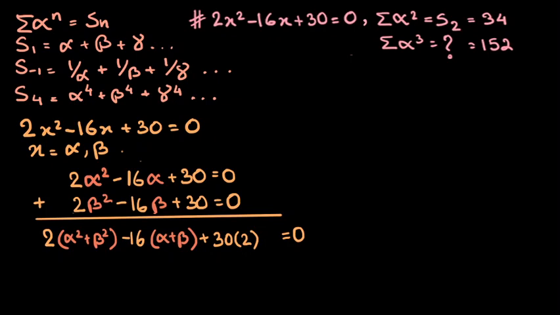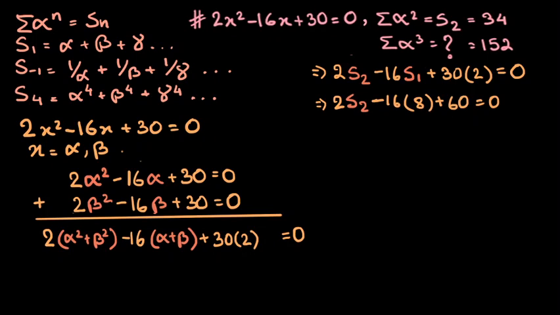In other words, we can write this as 2 S2 minus 16 S1 plus twice 30. And from the original polynomial, we know that S1 equals minus b by a. Here, minus into minus 16 by 2, therefore 8. Putting that value here, we arrive at S2 equals 34.